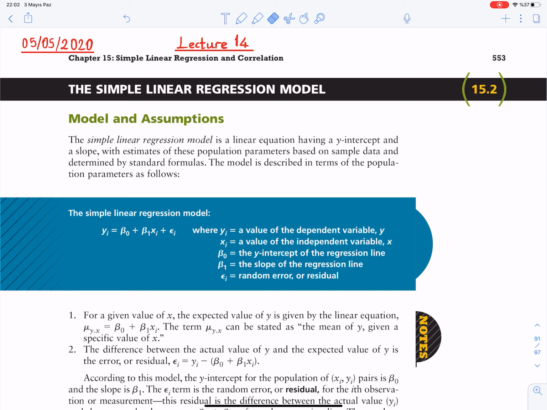The dependent variable can be called the response variable, and the independent variable can be called the explanatory variable. The reason we call it an explanatory variable is that the variable is explaining the response, the reason for the response.